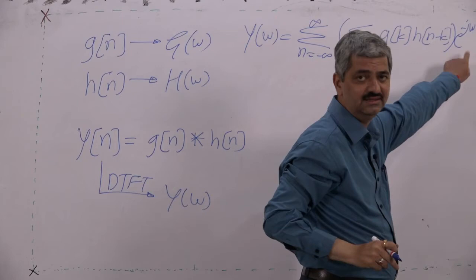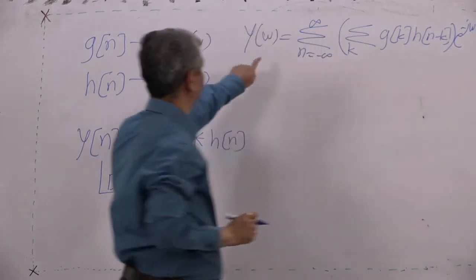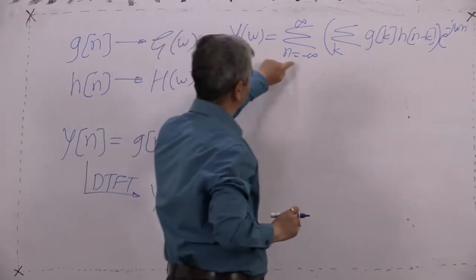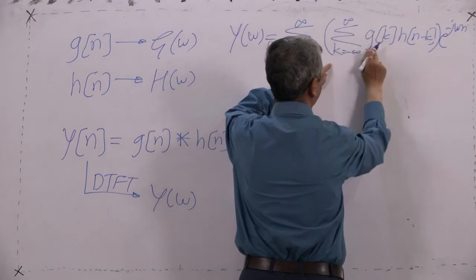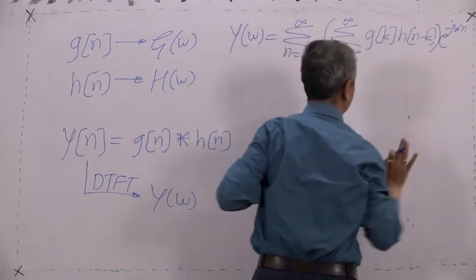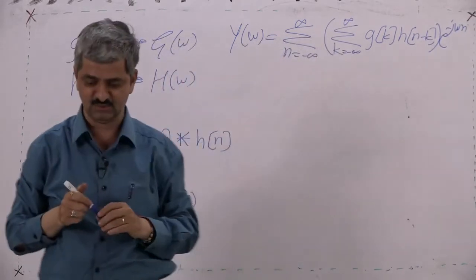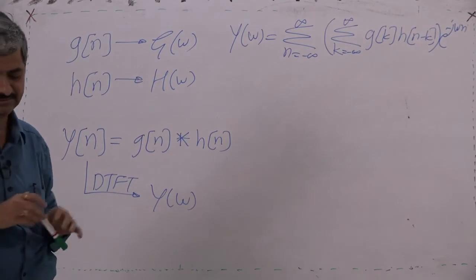Is it seen? So y omega is the summation over n, summation over k, of gk h of n minus k, which is the convolution, multiplied by e raised to minus j omega n. Now how do we proceed, because there are two summations?